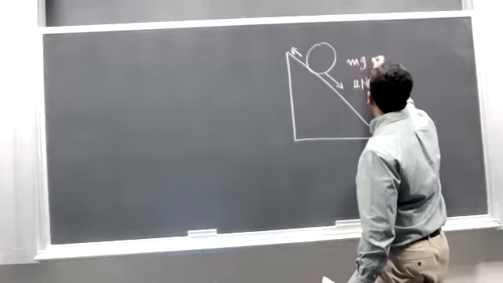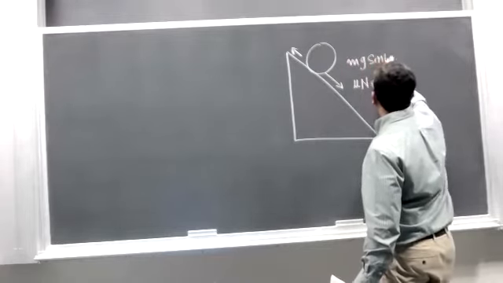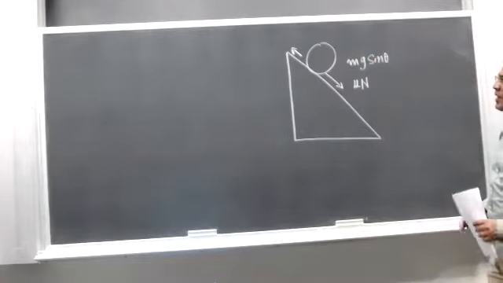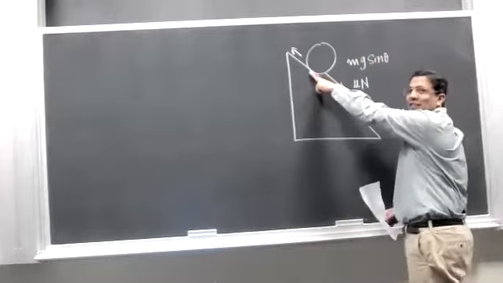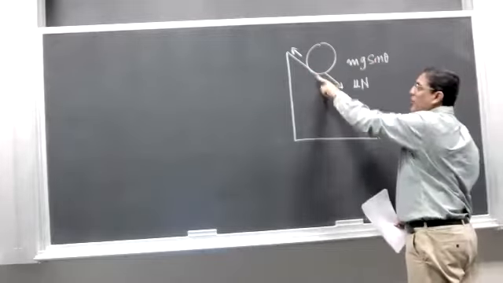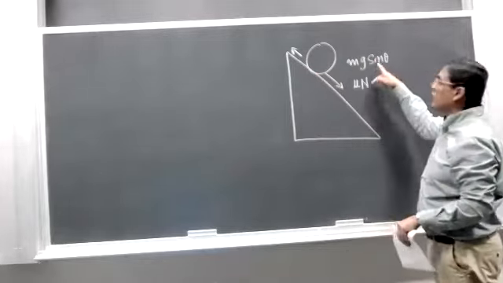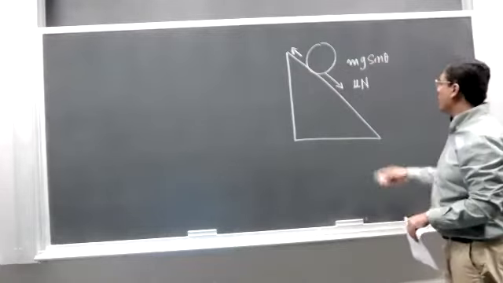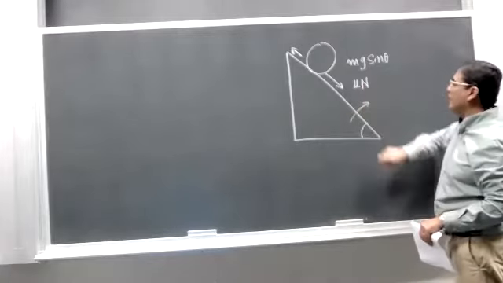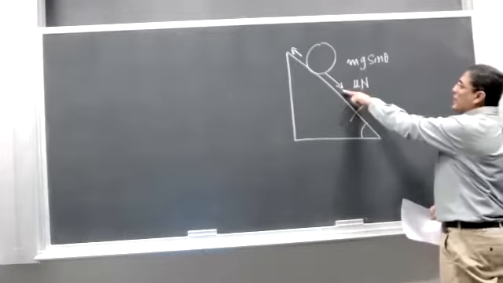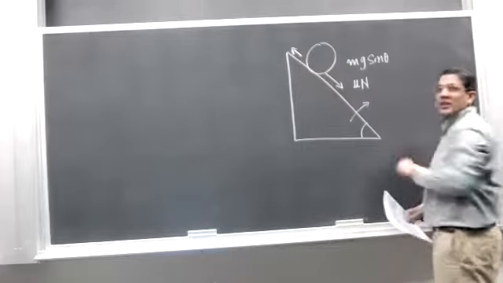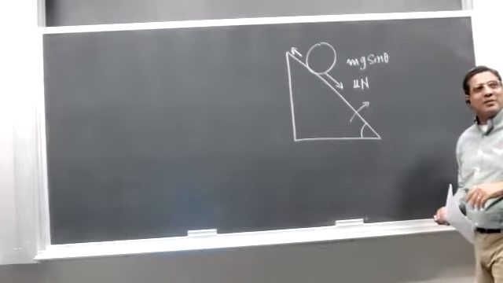Oh, sorry. mg sine theta, right? Now for pure rolling, this point here, the point of contact, should have zero acceleration with respect to this surface, should not move at all. That means these two forces should be equal. Now what I'm saying is that whatever the value of friction you have, if you make the angle bigger, you're making this force bigger, but this force doesn't depend on angle. Mu n friction doesn't depend on angle. It is going to be the same.